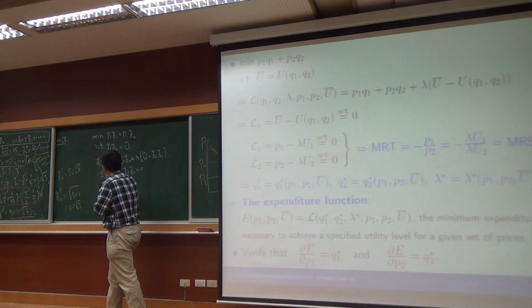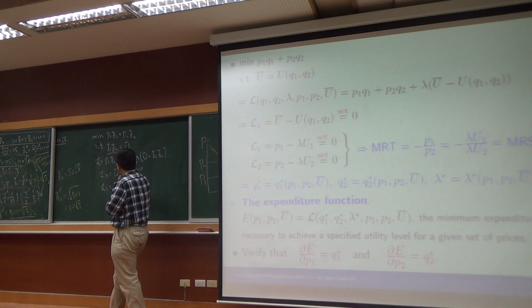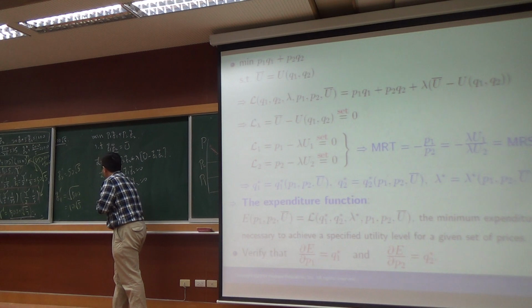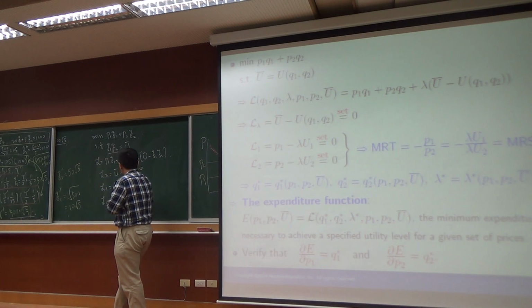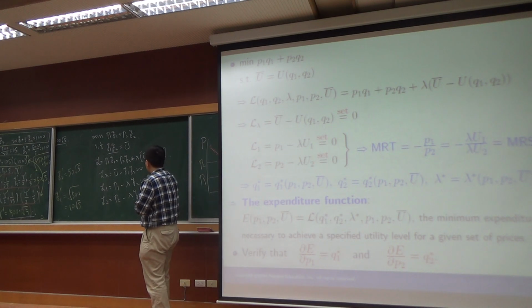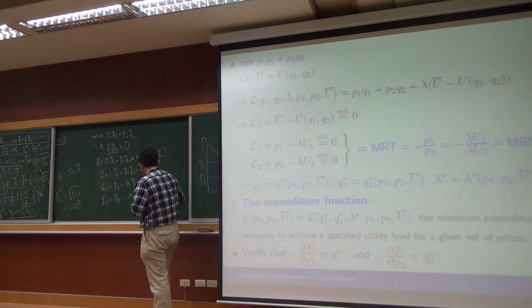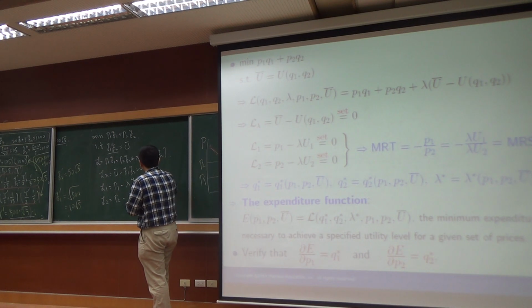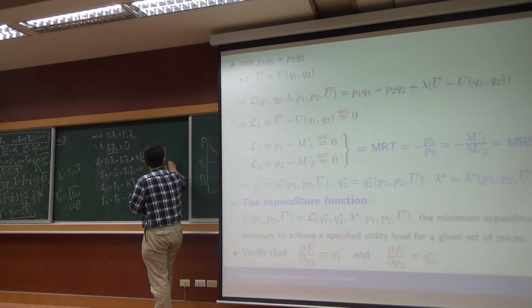Lagrange 1 equals P1 minus lambda Q2. Lagrange 2 equals P2 minus lambda Q1. Right? So Q2 is actually P1 Q1 by P2.